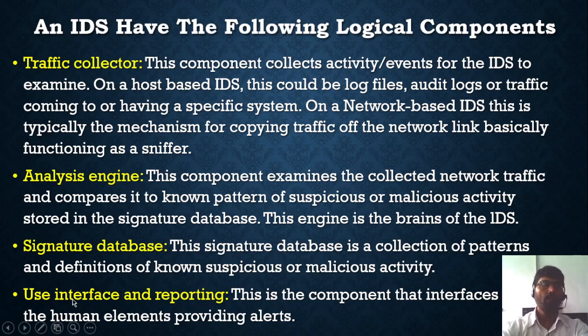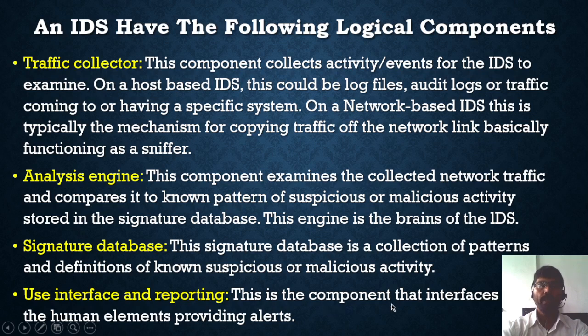Now the fourth one is user interface and reporting. Once the IDS detects that malicious activity is going on, it has to be reported to the administrator. For that it needs some interface.